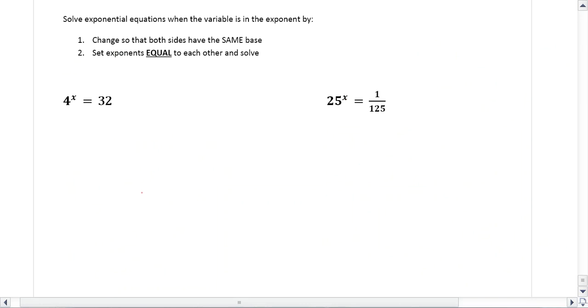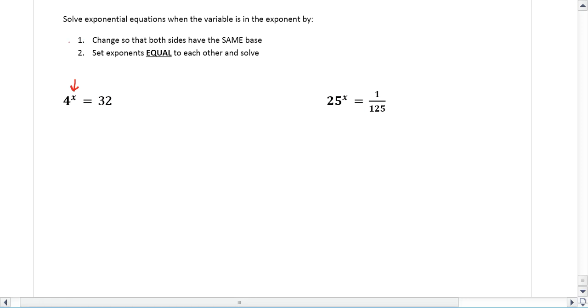The last type of exponential equations we're going to solve is when the variable is stuck up here in the exponent. Now, right now, our skills are only going to be limited how we can solve these, but once we complete the logarithm chapter, we'll be able to solve many more of these.